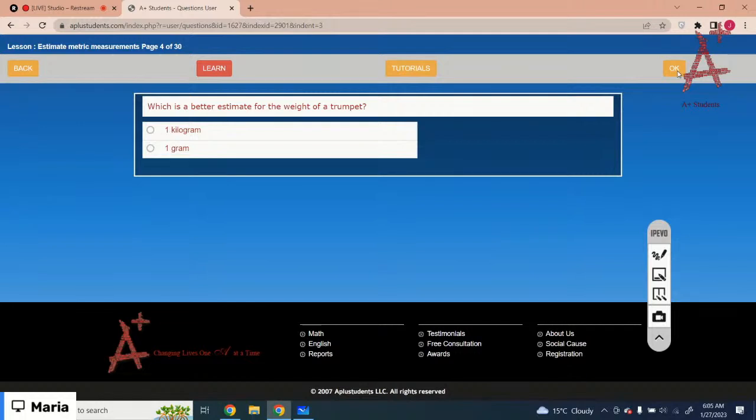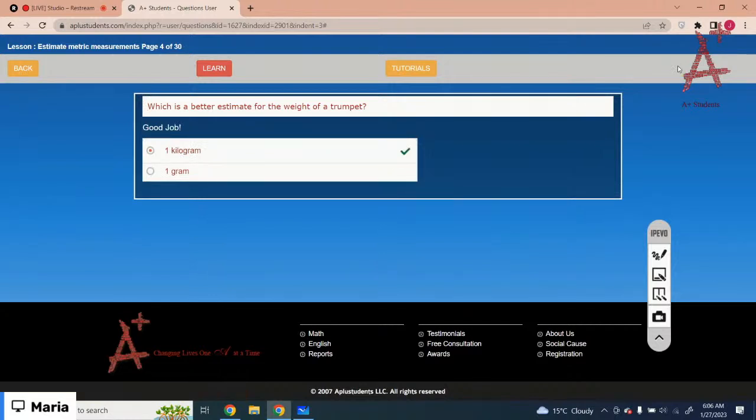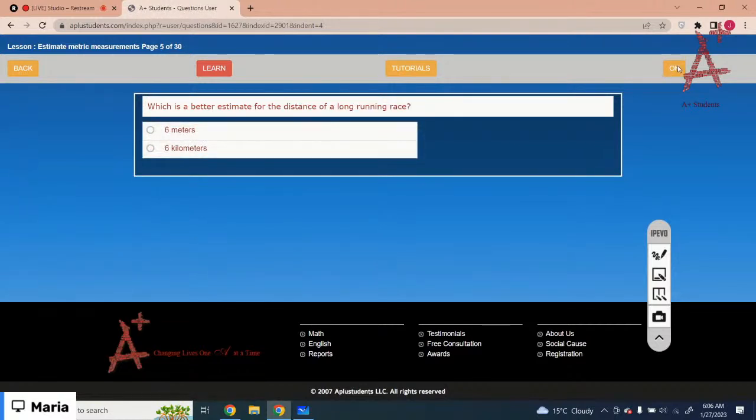Which is a better estimate for the weight of a trumpet? Is it 1 kilogram or 1 gram? I think that would be 1 kilogram. Yes, it is 1 kilogram.